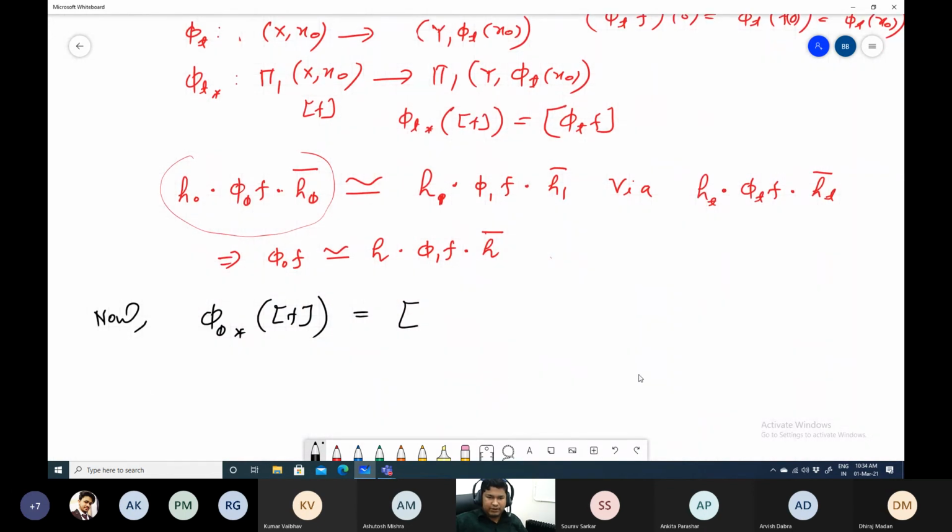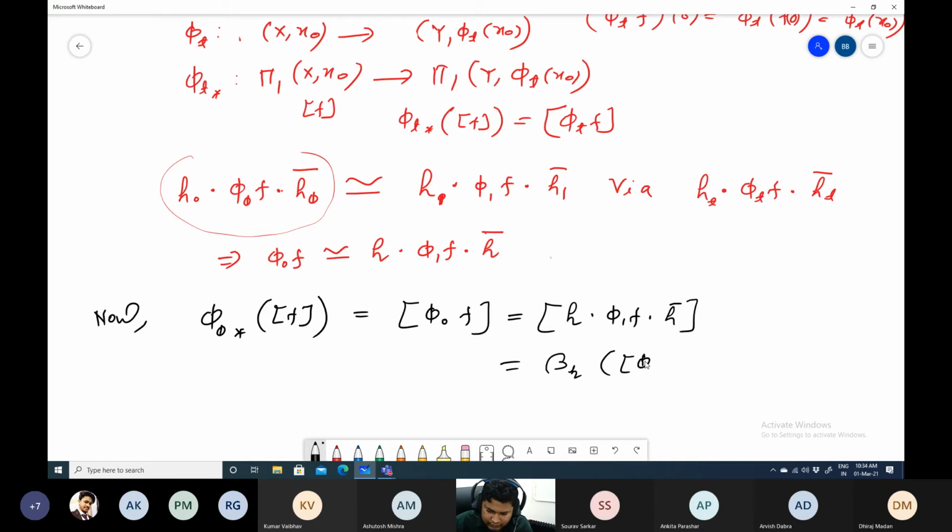See, now what is this one? Now this one is phi 0 f, and by this homotopy we have proved that that is h0 phi 1 f dot h bar, and that is actually beta h phi 1 star h f.